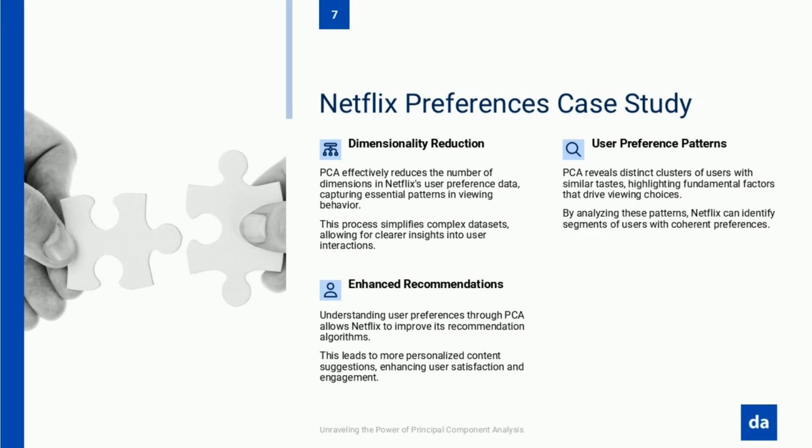Perhaps most intriguing is what the first principal component might reveal. Does it represent a spectrum from mainstream blockbusters to niche art house films? Or perhaps it captures a dimension separating different emotional tones or content themes? The answer could provide a singular numeric value that captures the most important aspect of a viewer's taste profile.